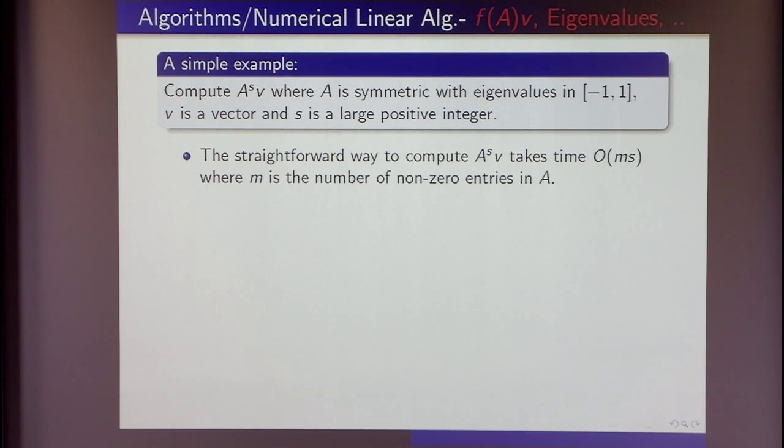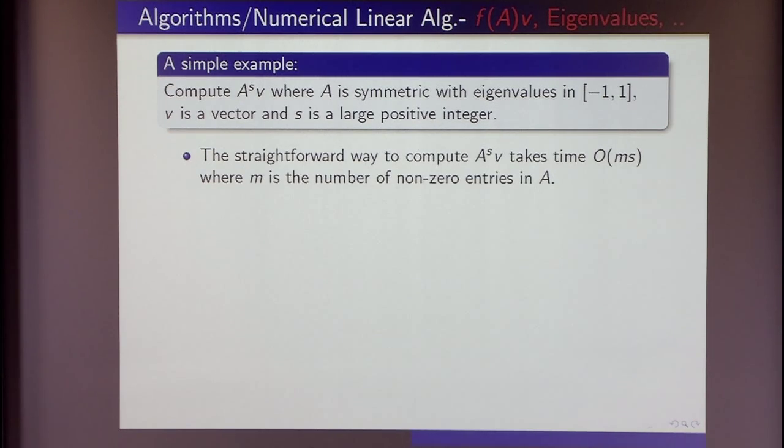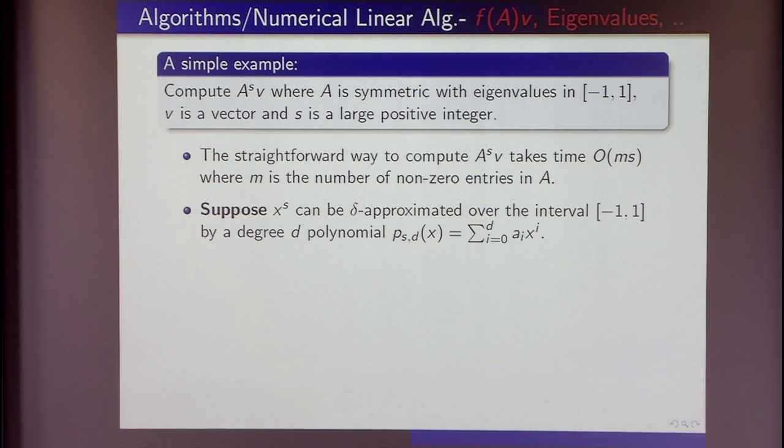Some people will try to compute the matrix power, but the next level would be to multiply the vector with the matrix A again and again until you get this, and this takes time order m times s, where m is the number of non-zero entries in A, or in particular the time it takes to multiply A with a vector. Often the matrix doesn't have to be sparse, and still you could compute these things faster. So that's what you would like to think of.